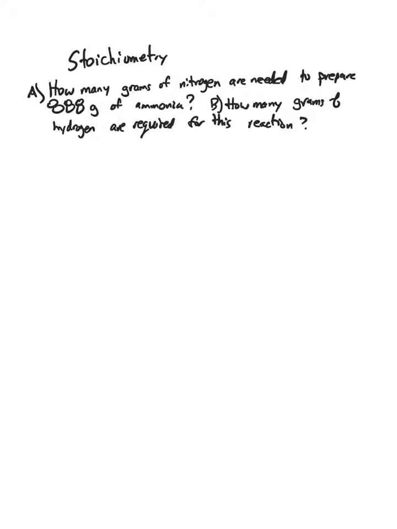So let's see what we're after and what we have in this problem. How many grams of nitrogen? We want to know how many grams of nitrogen. Now that's not atomic nitrogen. We don't find atomic nitrogen in nature. It's always a diatomic molecular species, so it's going to be grams of N2.